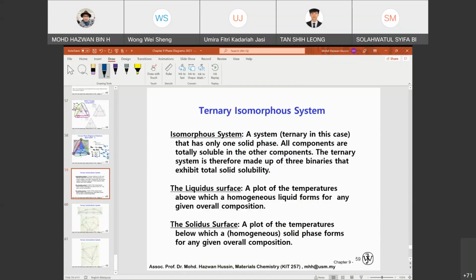The liquidus surface is a plot of the temperature above which a homogeneous liquid forms for any given overall composition. And finally, you can also have the solidus surface. It is a plot of the temperature below which a homogeneous solid phase forms for any given overall composition.